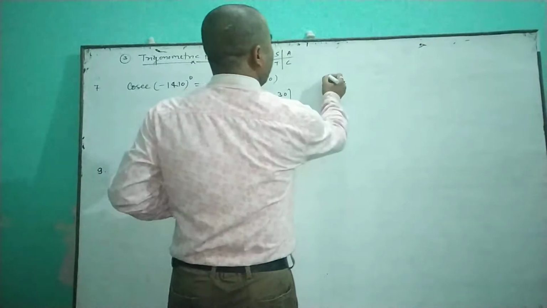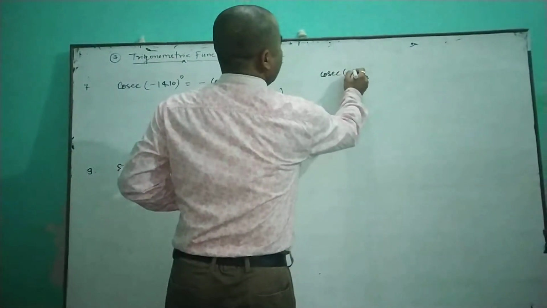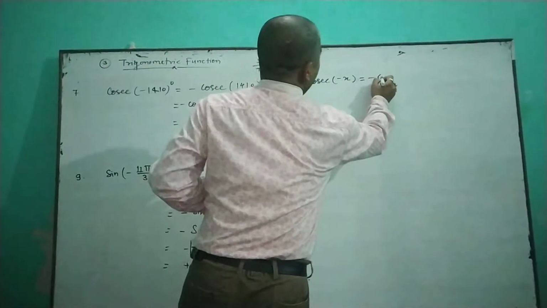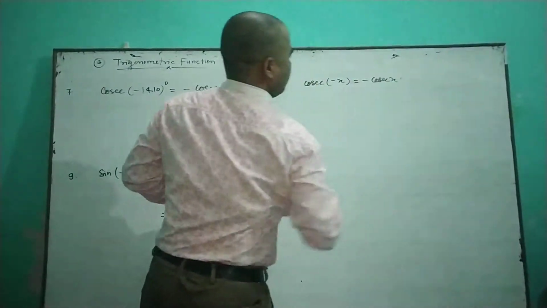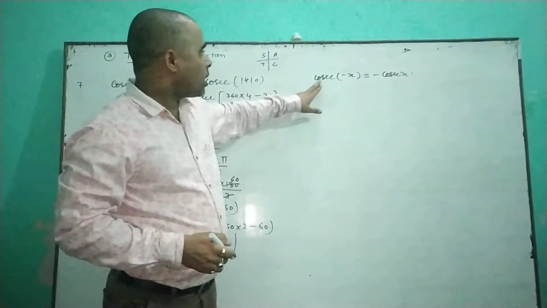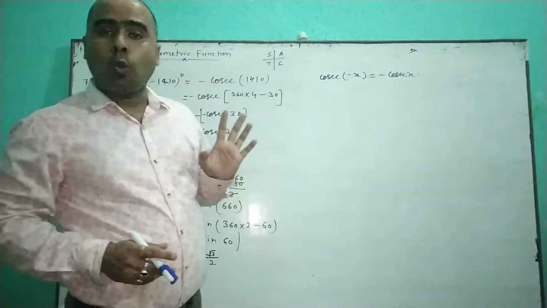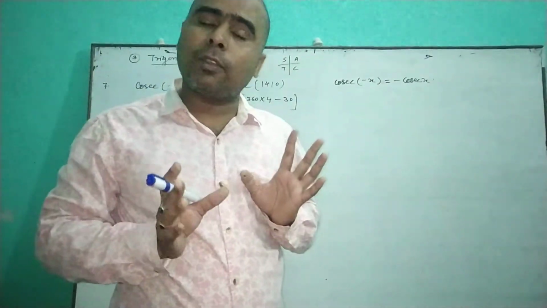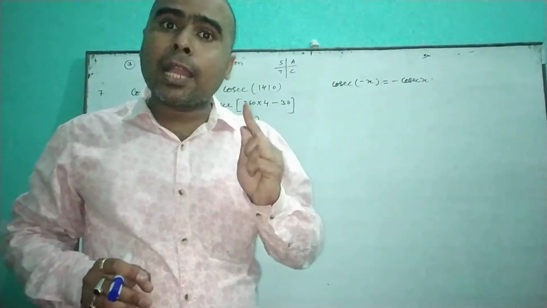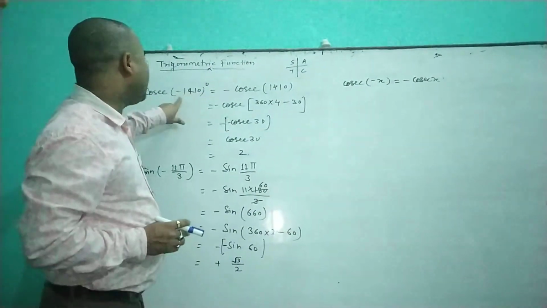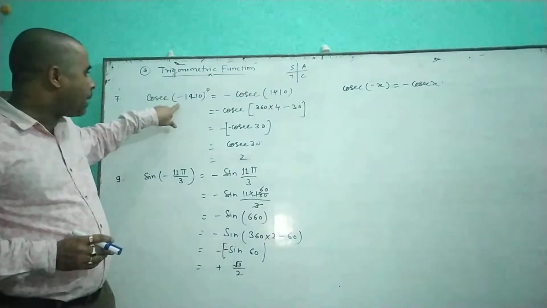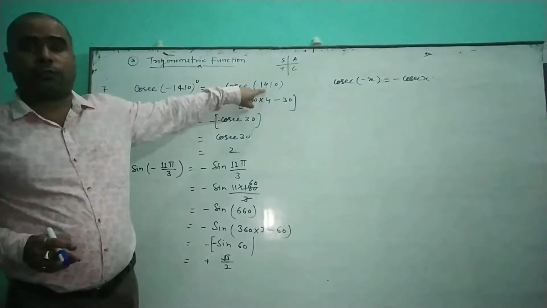Now we have a formula: cosec minus x is equal to minus cosec x. The whole value of the trigonometric function will be in negative form, but the angle is not in negative form. Here the angle is negative, so we have to convert the angle to positive.